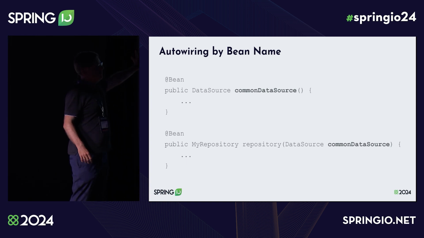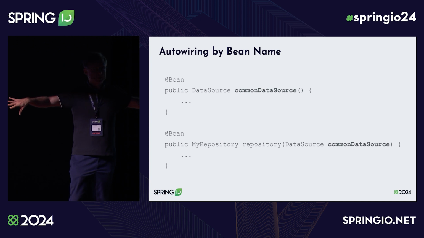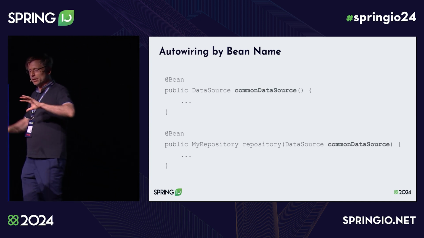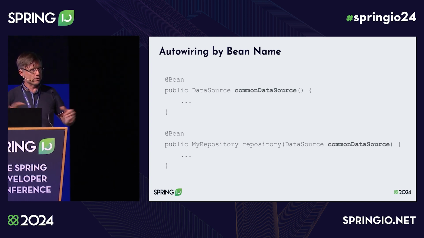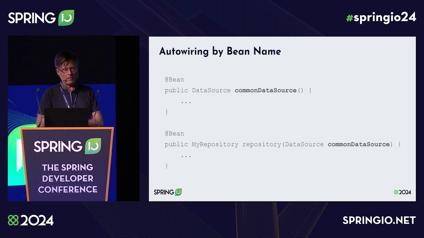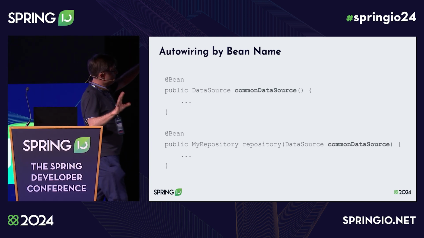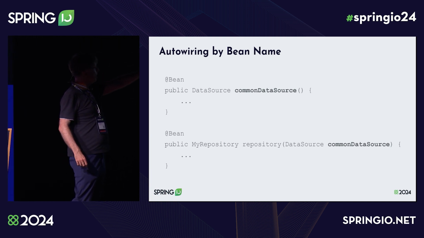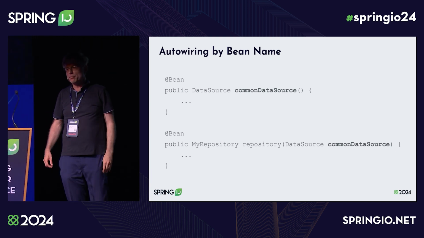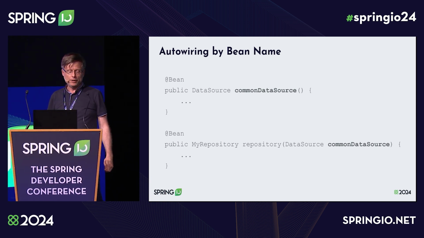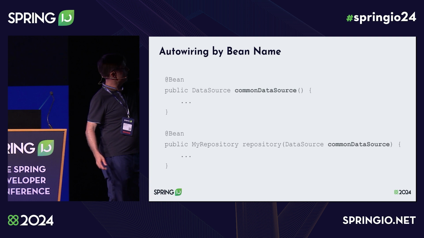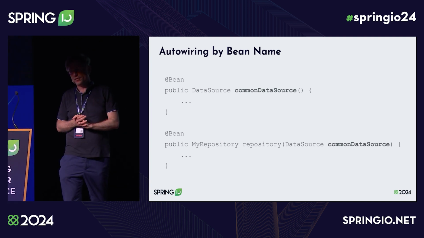Those pieces will typically live in distinct classes, so it's just for the purposes of the code fitting on a slide, but those points can be in totally different configuration classes, obviously. Wherever they are, try to match the parameter name with the target definition by name. That alone is sufficient as a performance optimization for making this lookup as fast as possible.